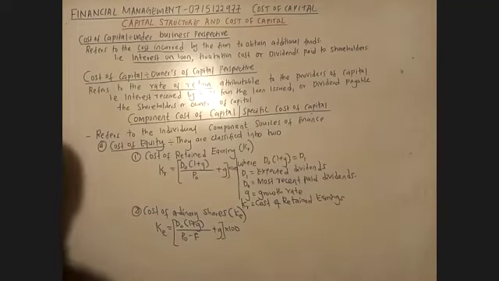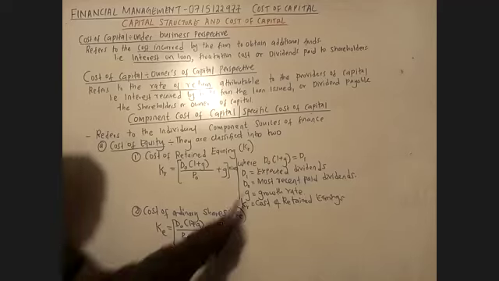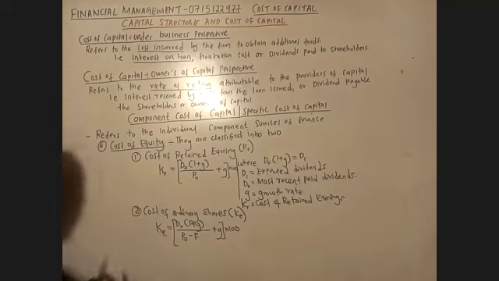D0 is the most recent paid dividend. D0(1+g) is equal to D1, and D1 means expected dividends.